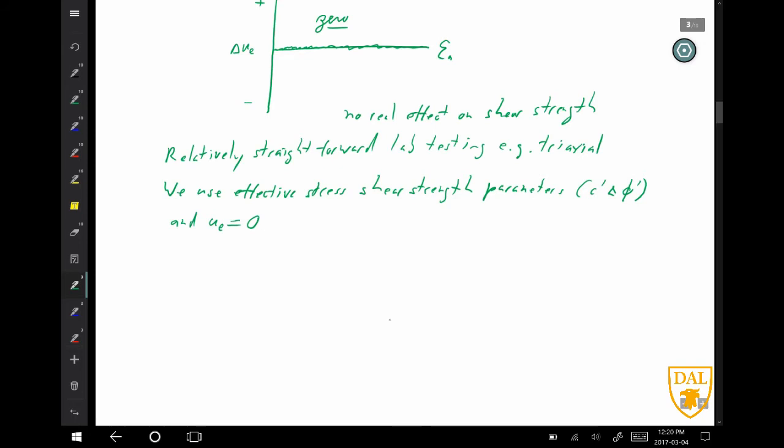And when we carry out an analysis for slopes and so on using these approaches, we still have to use the static pore pressure. So everything is done in terms of effective stress, and we call that an effective stress analysis, or ESA.